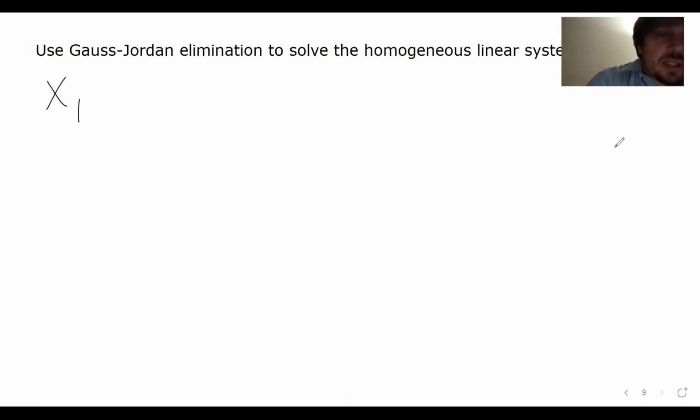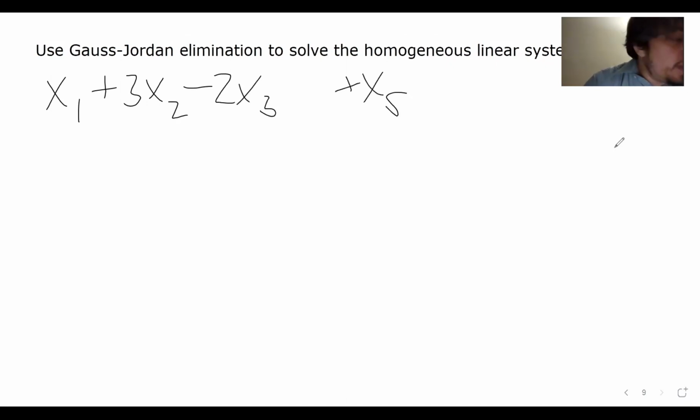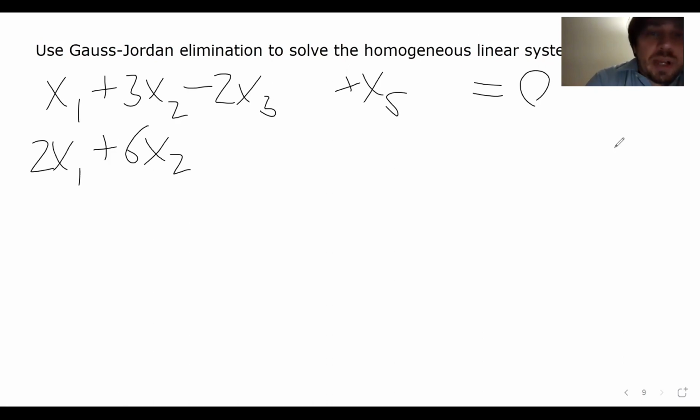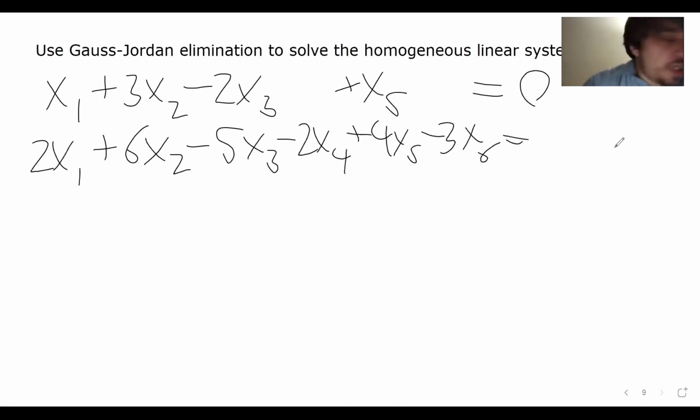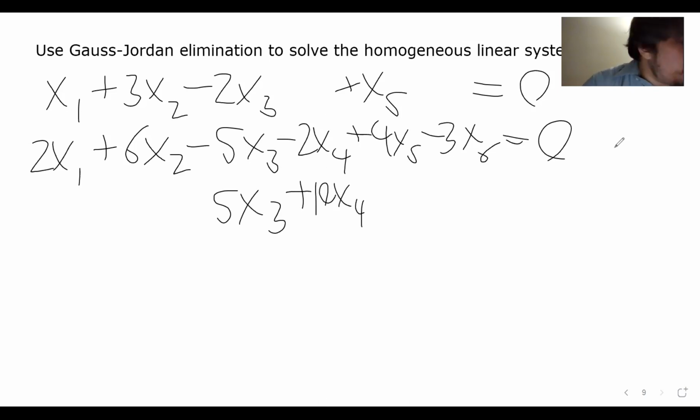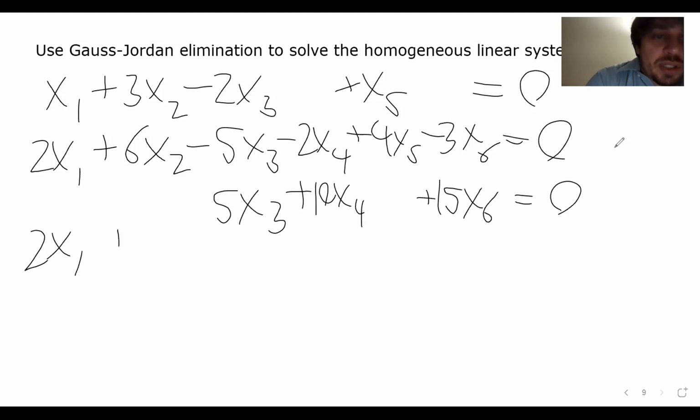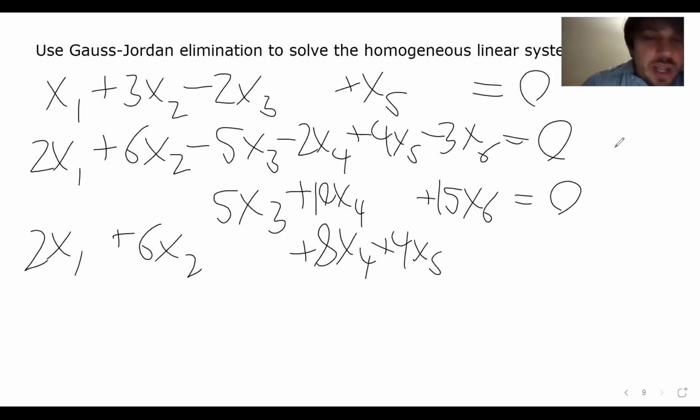So your linear system is x1 plus 3x2 minus 2x3 plus x5 is equal to 0. 2x1 plus 6x2 minus 5x3 minus 2x4 plus 4x5 minus 3x6 is equal to 0. 5x3 plus 10x4 plus 15x6 is equal to 0. 2x1 plus 6x2 plus 8x4 plus 4x5 plus 18x6 is equal to 0.